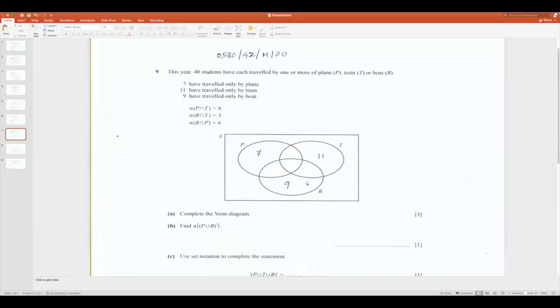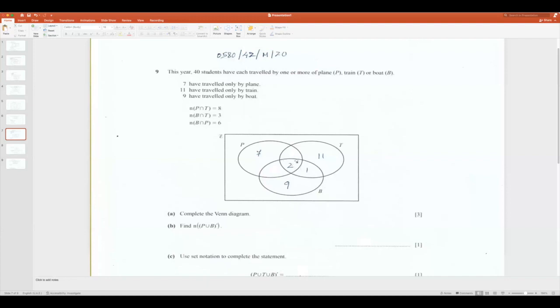The B intersection T is 3, so we can put here 2 and here 1. We can try this trial and error method. First put 1 here and calculate the value. Then if it is not coming, we have to try the other way. We'll put 2 here and then the balance is 1.